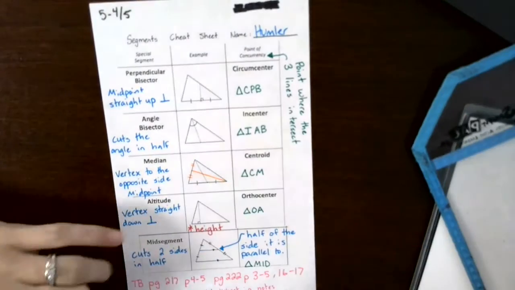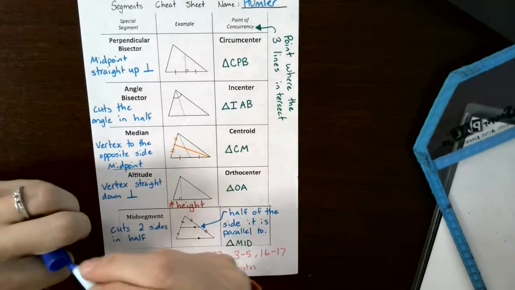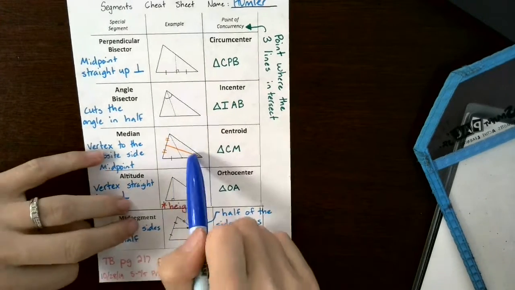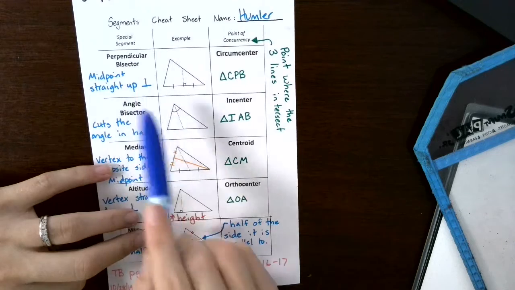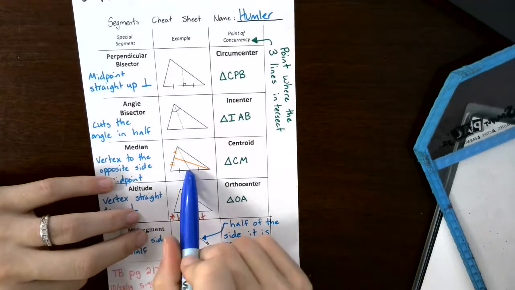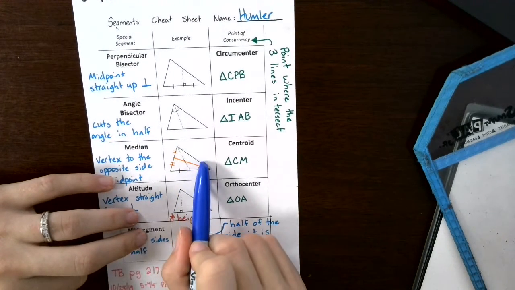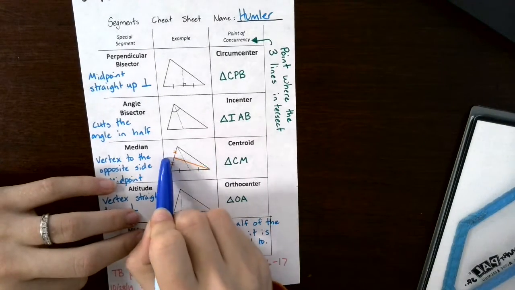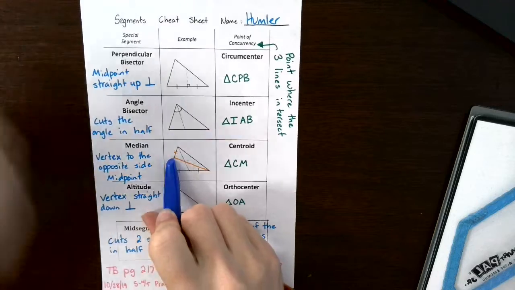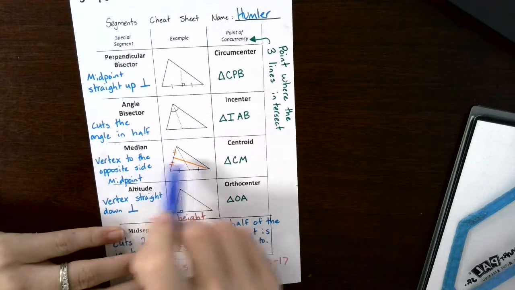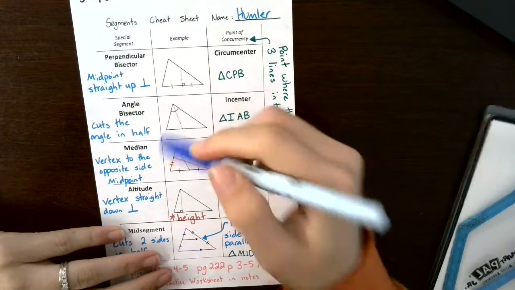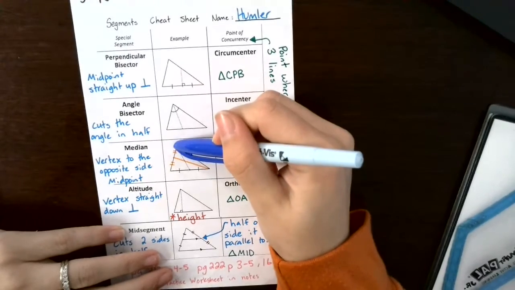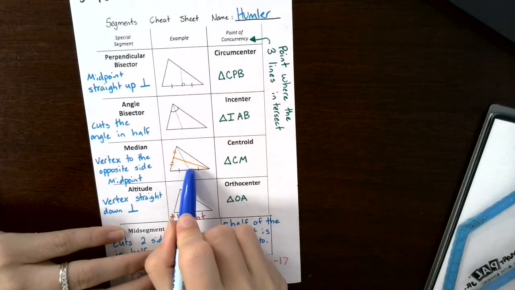Okay, let's keep going. Let's talk about medians. Medians might remind you of perpendicular bisectors and angle bisectors, but it's not cutting an angle in half. Instead, what's happening here is that it's cutting the side in half. So it starts at a vertex and goes down to the midpoint of the other side.